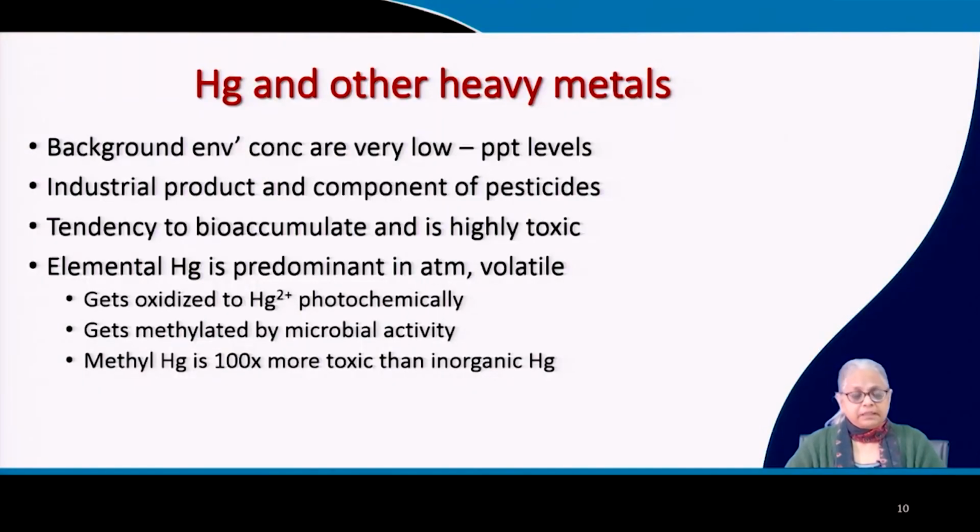Let's come to another metal, and that is mercury. Now, you might say that mercury is not a nutrient. That is true. Mercury is extremely toxic. There are 5 toxic metals that are considered to have no beneficial properties, and mercury is definitely one of them. So, I'll just list the toxic heavy metals.